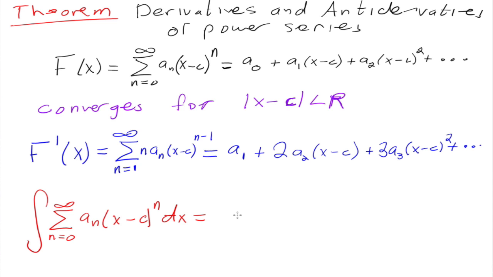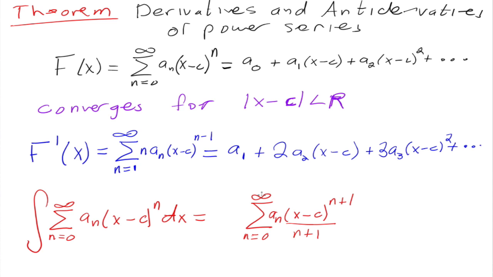I don't really have to worry about the a sub n. The antiderivative of x minus c to the n is x minus c to the n plus 1 over n plus 1, times a sub n, right? And where do I start? n equals 0, just keep it at 0. And I'm missing one last thing: plus c.